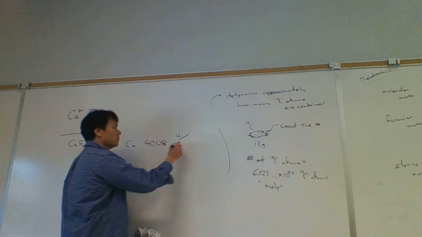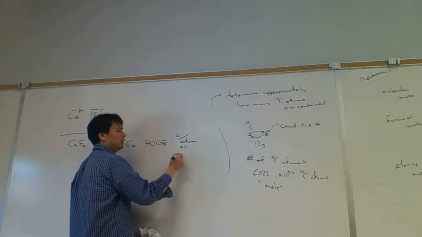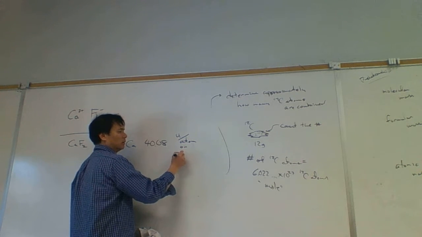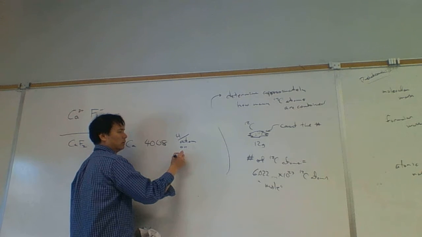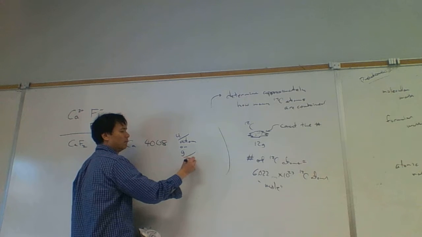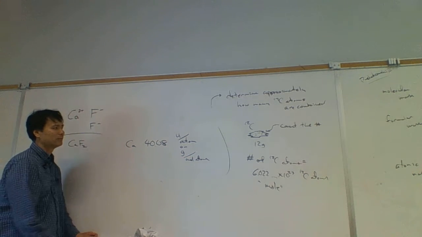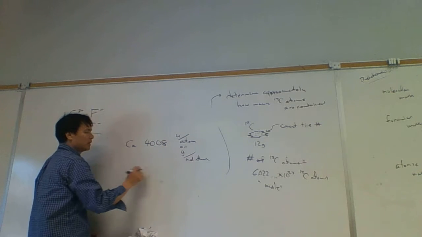Atom. So this is U per atom, or it would be grams per mole of atoms. So therefore we could leave the units off and then add them later.